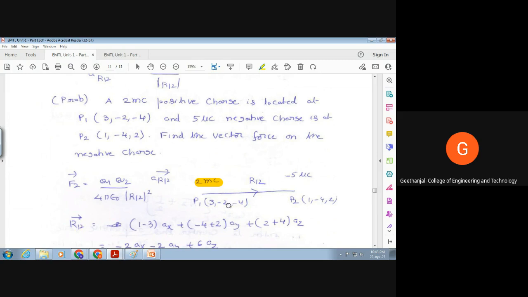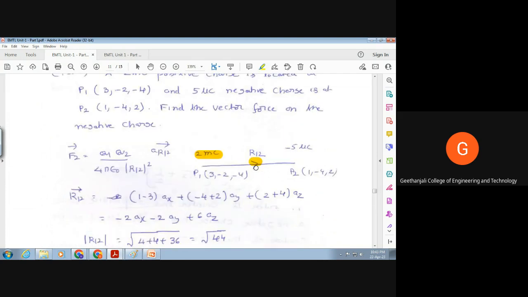The distance between P1 and P2 is represented by a vector R12. If you know the coordinates x1, y1, z1 of point P1 and let us say x2, y2, z2 the coordinates of P2, then R12 is equal to (x2 minus x1) ax plus (y2 minus y1) ay plus (z2 minus z1) az.